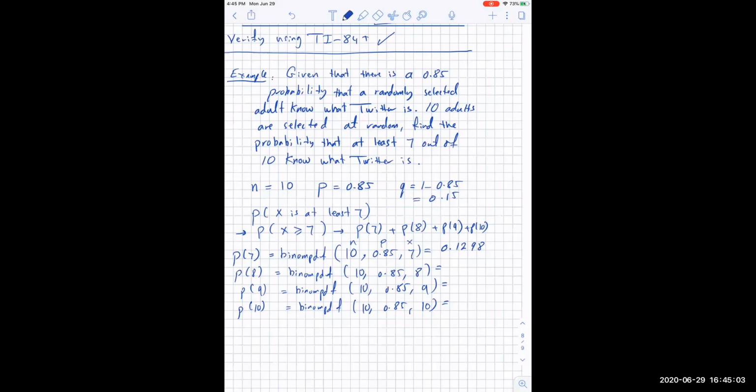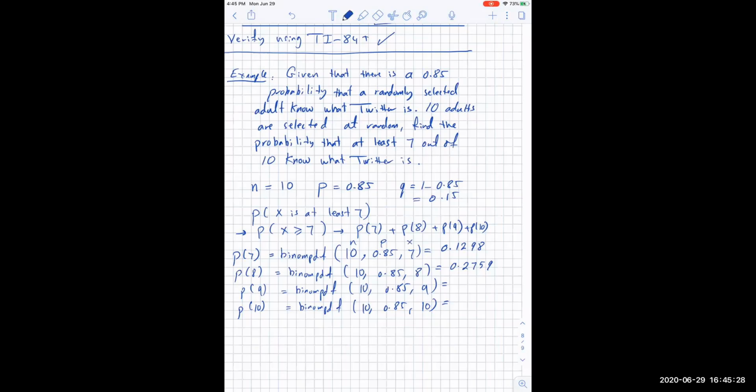And that will give me 0.2759. I'm rounding to 4 decimal places. And then again binomial PDF, 10, 0.85.